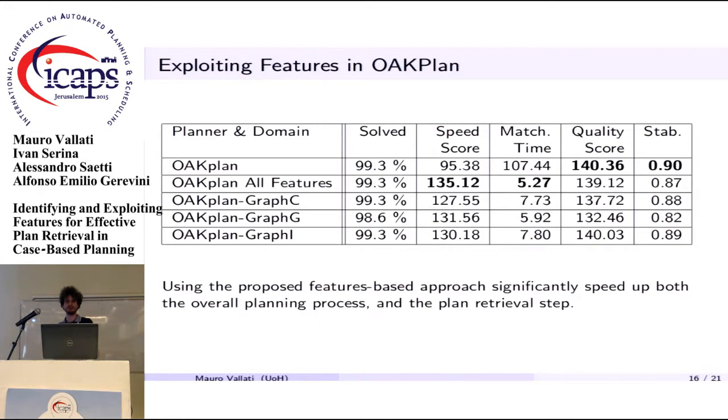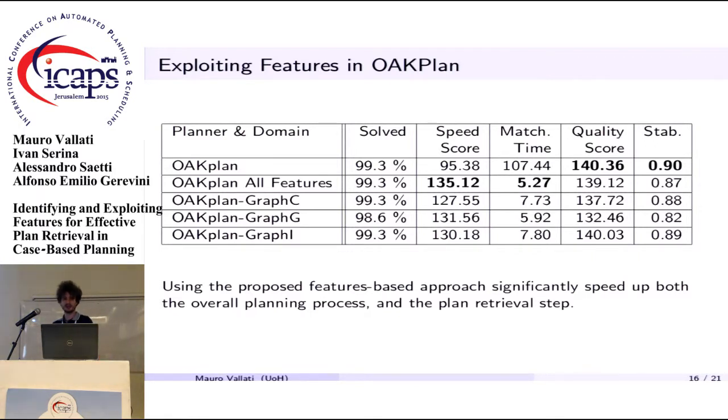And here we have an overview of the results. So in the first line, we have OAKPlan exploiting its original plan retrieval approach, which is based on a kernel function. Then OAKPlan exploiting our new approach with all the features, then only features from the complete PEG, from the goal, and from the initial state.